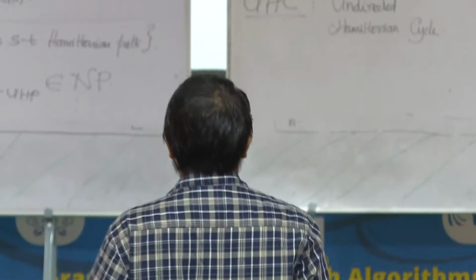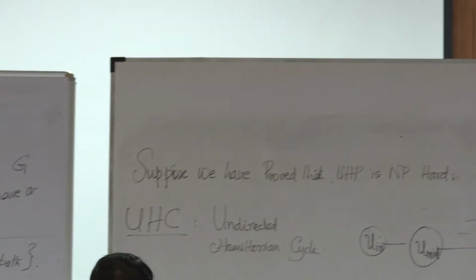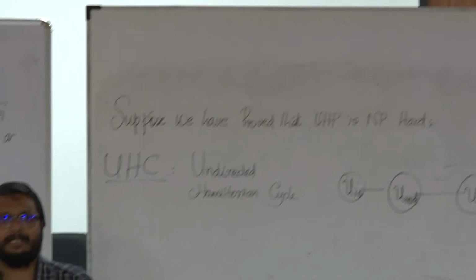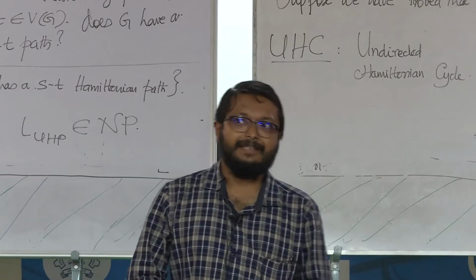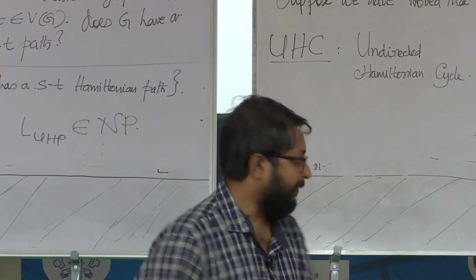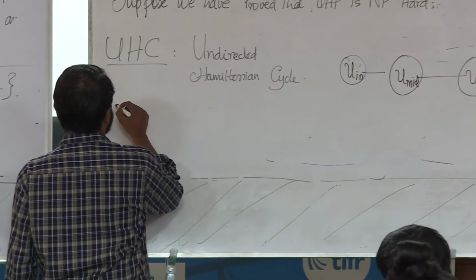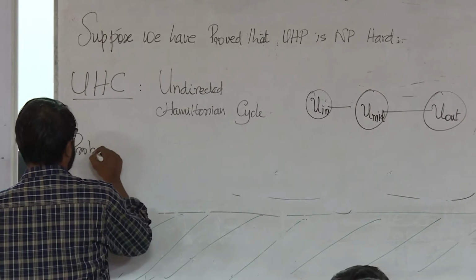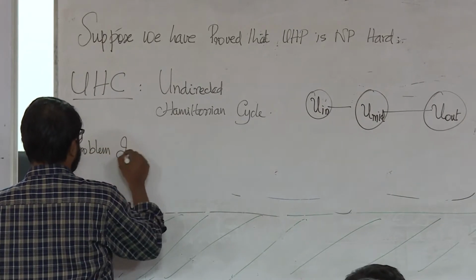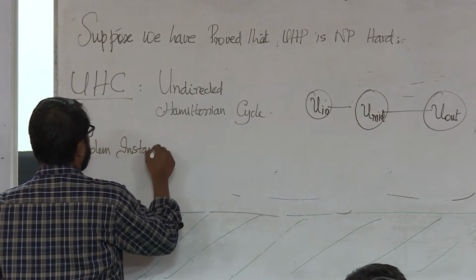Now, to show that this problem is NP hard, what is the right problem to start with? Undirected Hamiltonian path. Let's do this reduction. So what is the problem instance, the input to a reduction algorithm?